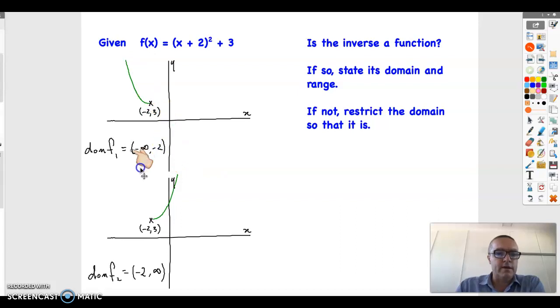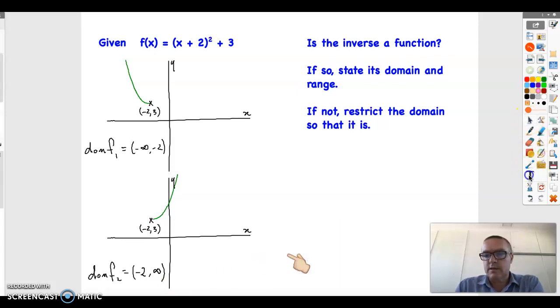So the domain of function 1 is from -infinity. The upper limit is -2. In function 2, I am using the right-hand side of the parabola, so all the real numbers from -2 to infinity will be the domain of that function.